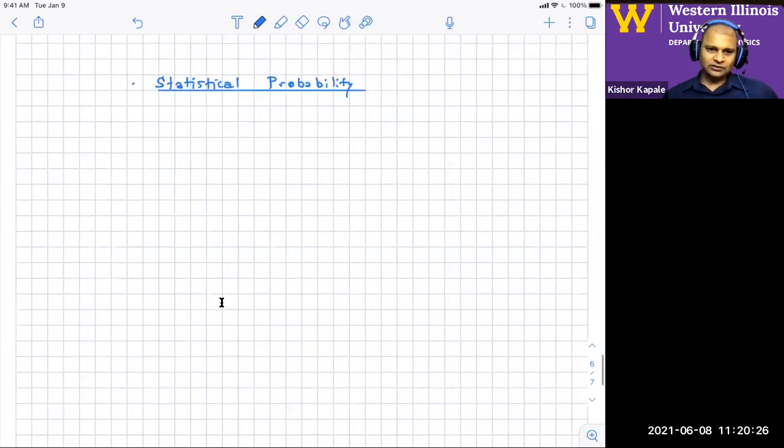And so the way you do the statistical probability is, let me write down a statement here that illustrates this. Okay, so what we do is, let's take a physics example.